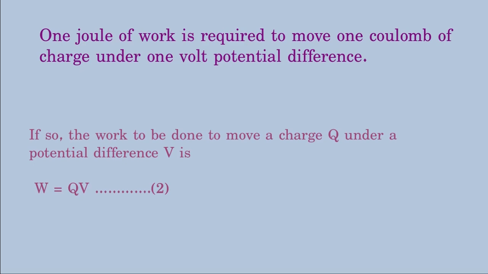That is, 1 joule of work is required to move 1 coulomb of charge under 1 volt potential difference.